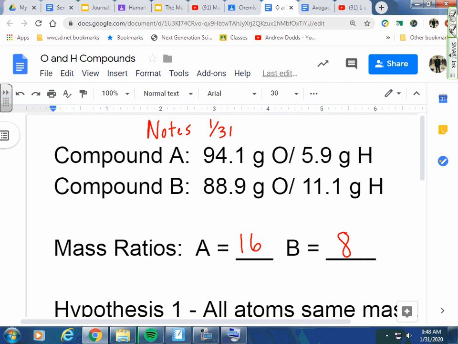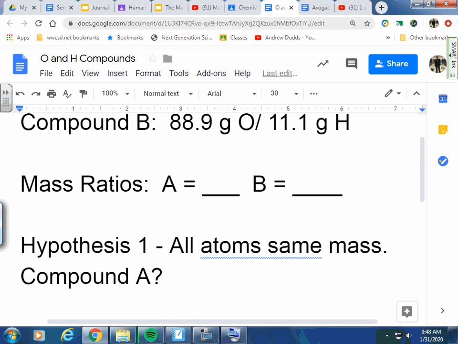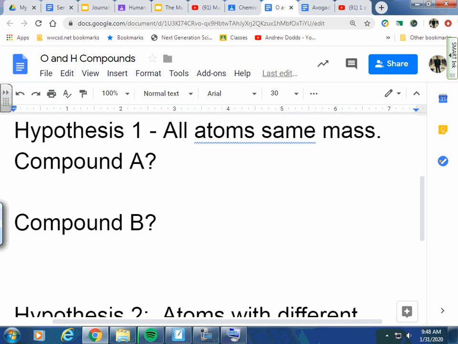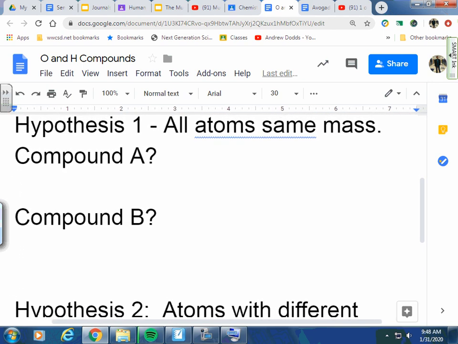let's look at it. So let's do our little models. First, we'll model each compound. If all atoms have the same mass, this is hypothesis 1. All atoms, same mass.